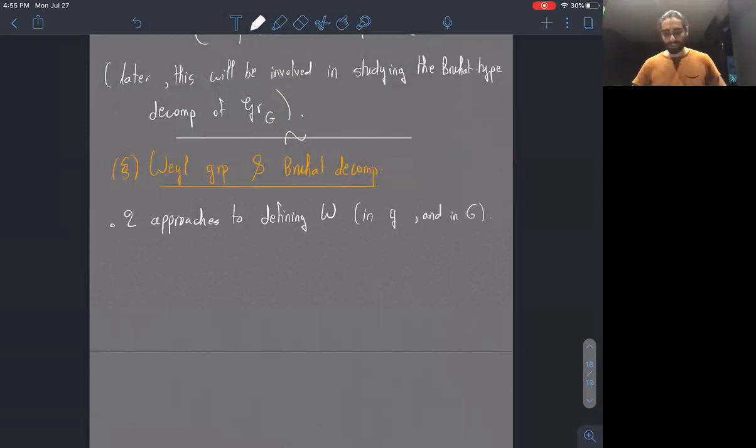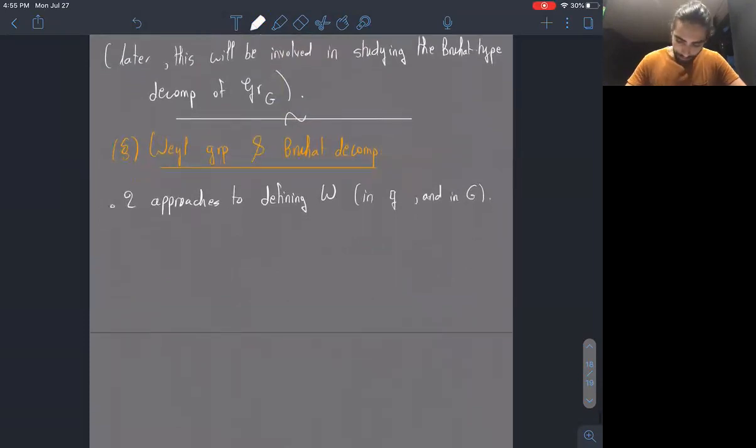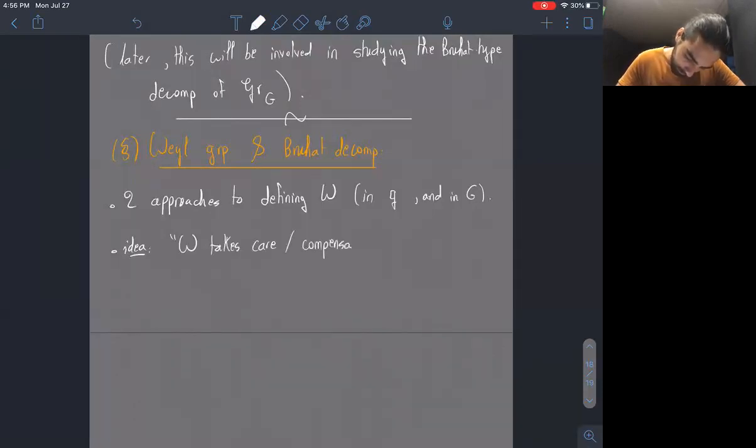So in the Lie algebra setting, it's quite straightforward. The idea to keep in mind is that W takes care of, or compensates for, the ambiguity involved in choosing a Borel.